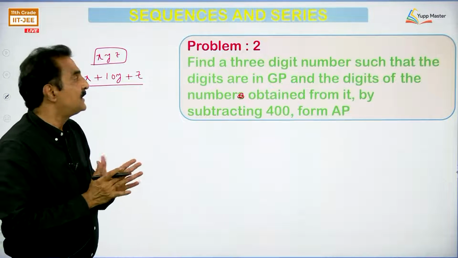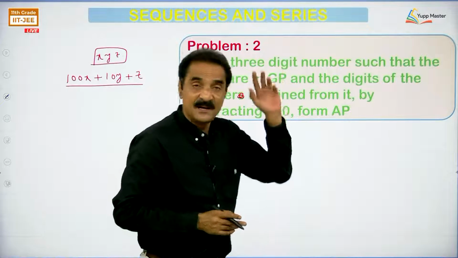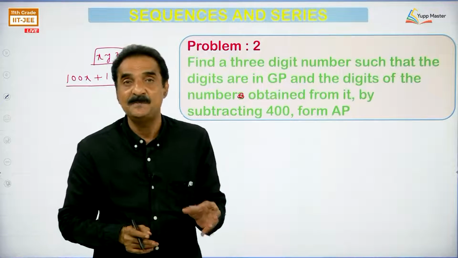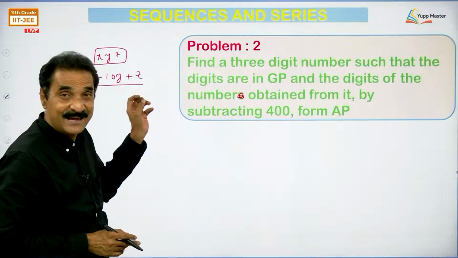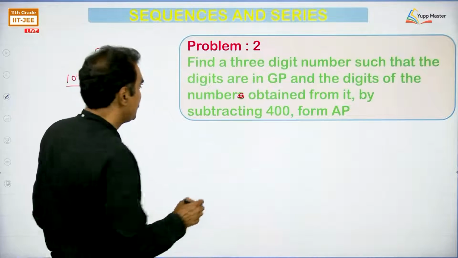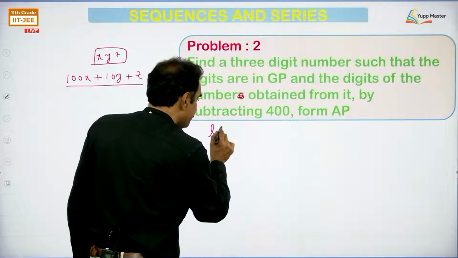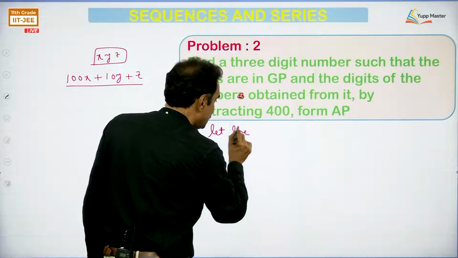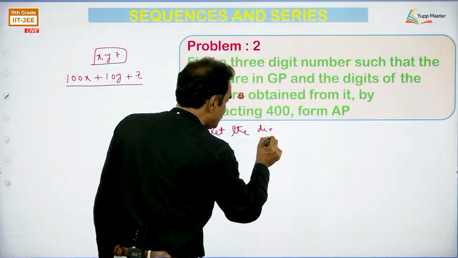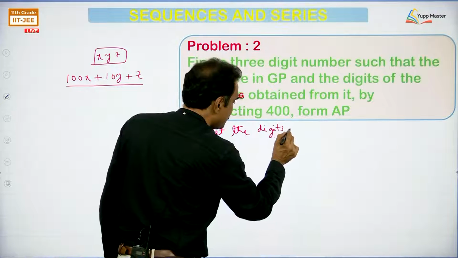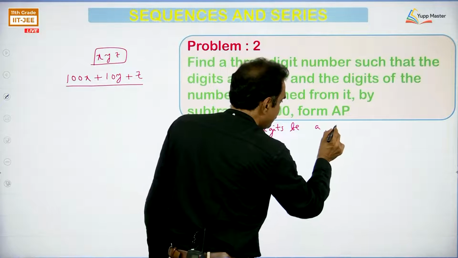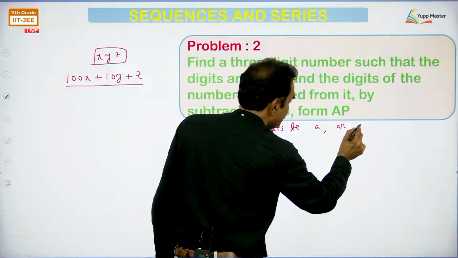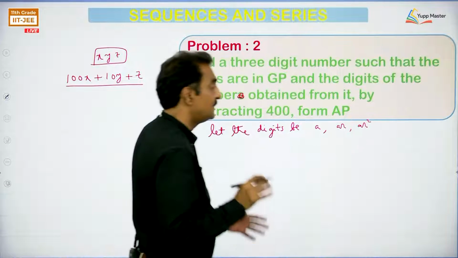Alright. But since it is given that the digits are in GP, let us assume the digits x, y, z as a, ar, ar square. Let the digits be a, ar, ar square.